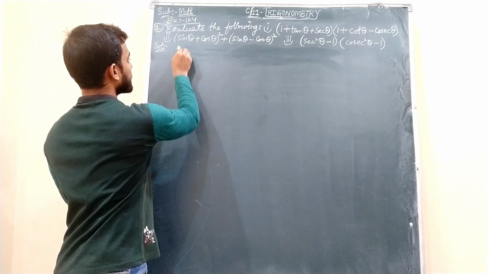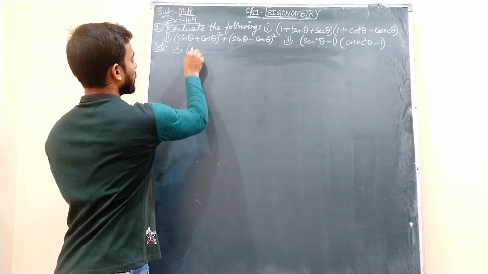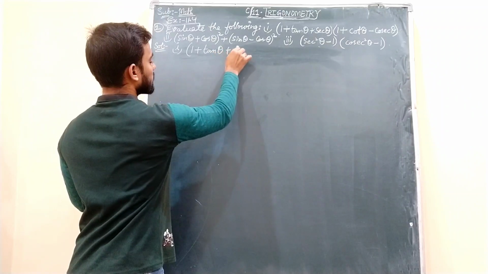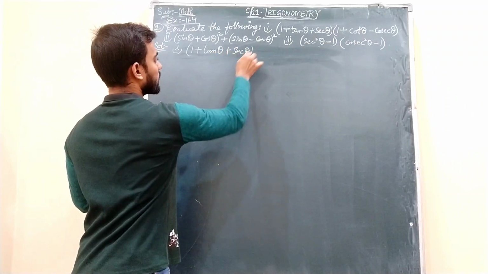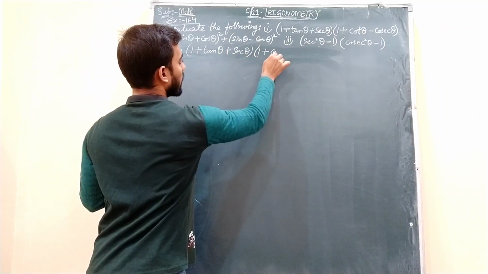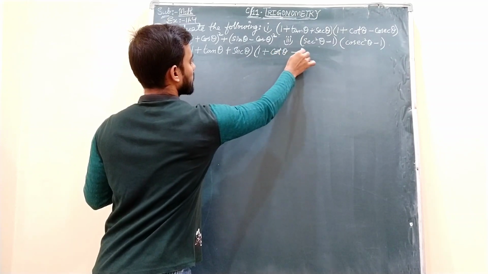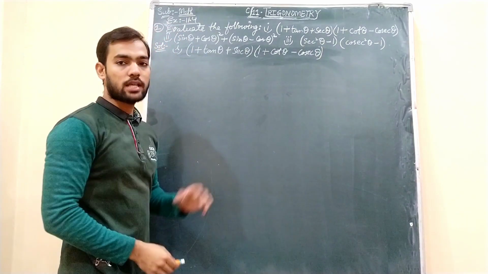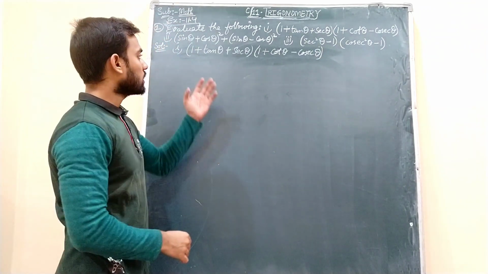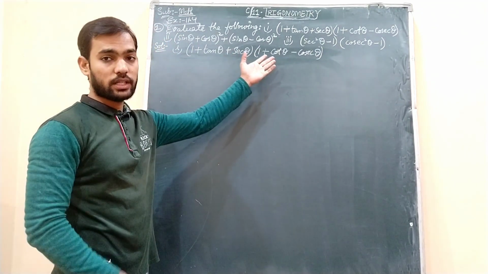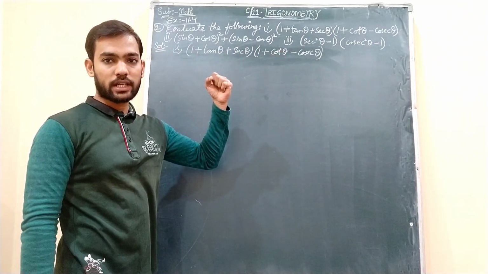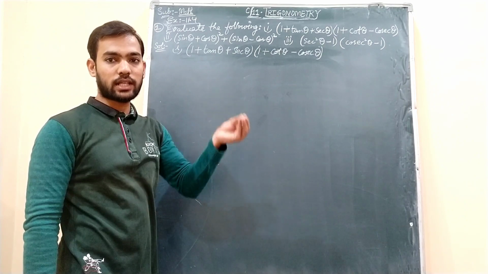First, this expression as it is we will copy: 1 plus tan theta plus secant theta into 1 plus cot theta minus cosecant theta. See students, as we need to find the value of this expression, it is not similar to any of the trigonometric identities, so that we can change it to 1.